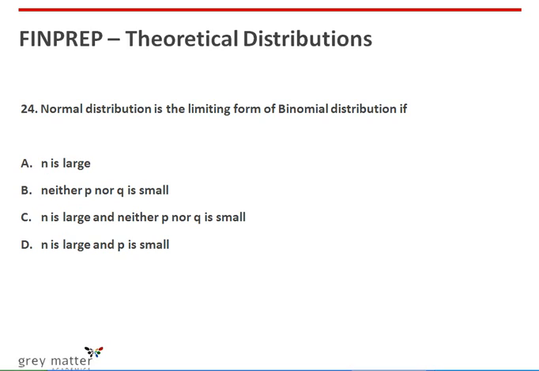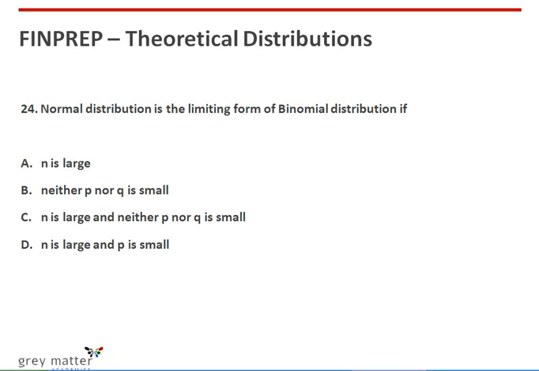24th problem, normal distribution is the limiting form of binomial distribution. Actually, using the conditions for applying normal distribution, we know that when n tends to a large quantity and neither p nor q is small, then your binomial distribution tends to become a normal distribution.